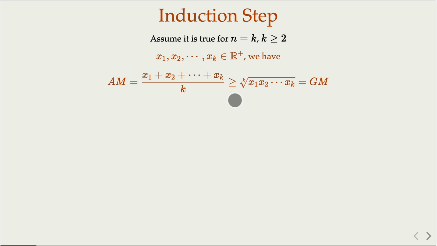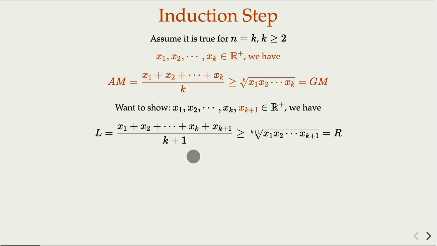Now we want to show that for k plus 1 it is also true. For easier notation, I'm going to use L and R for the left-hand side and right-hand side expressions. L means the arithmetic mean for k plus 1 variables, and R is the geometric mean of k plus 1 variables.